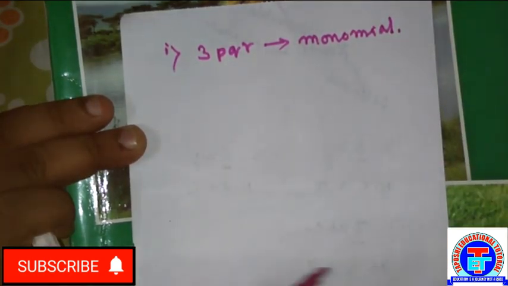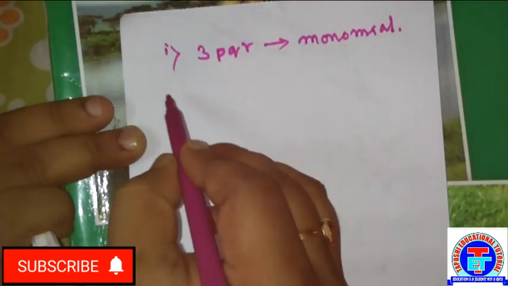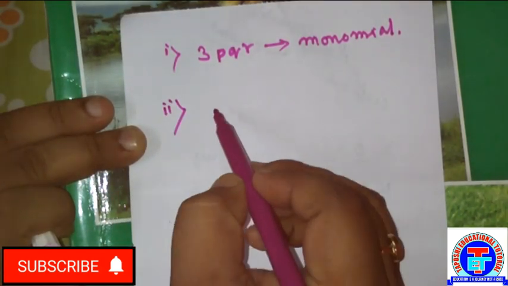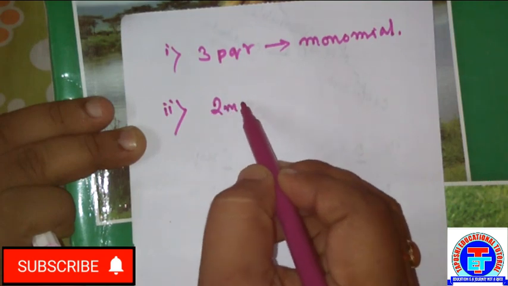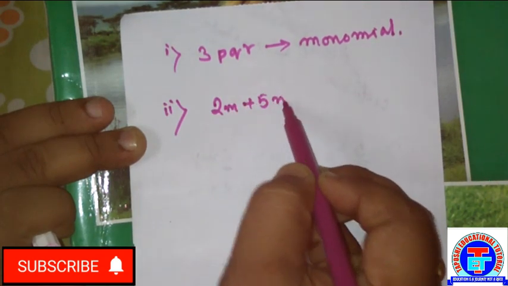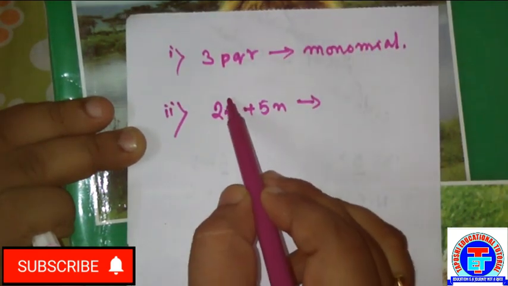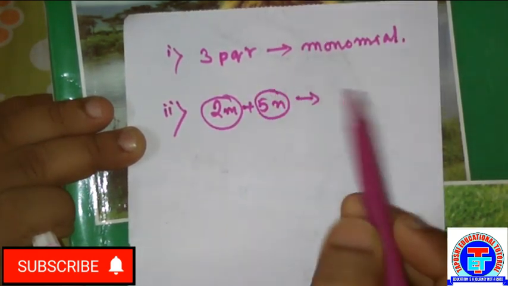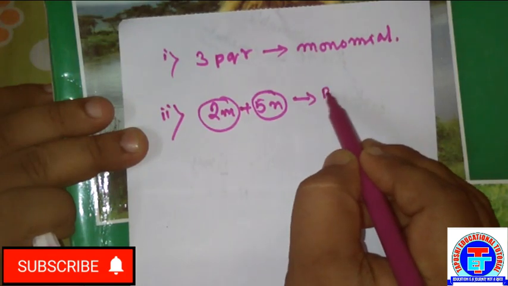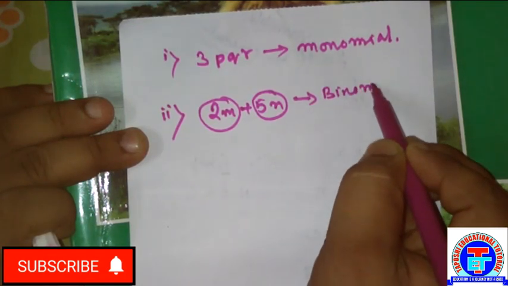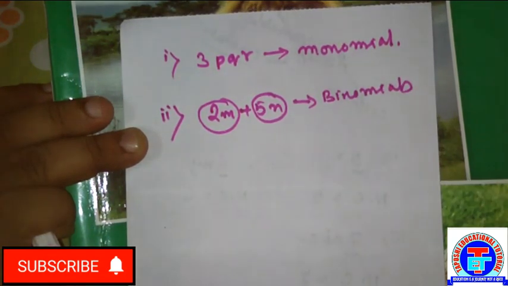Monomial, right? Now number 2 is given, 2m plus 5n. So there are two terms, one term here and another term, so it is a binomial, right?